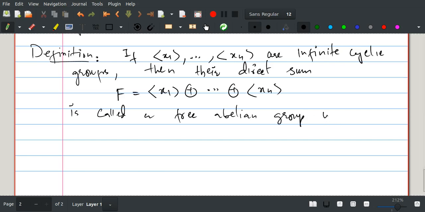With basis the set X, which is little x1 through little xn.